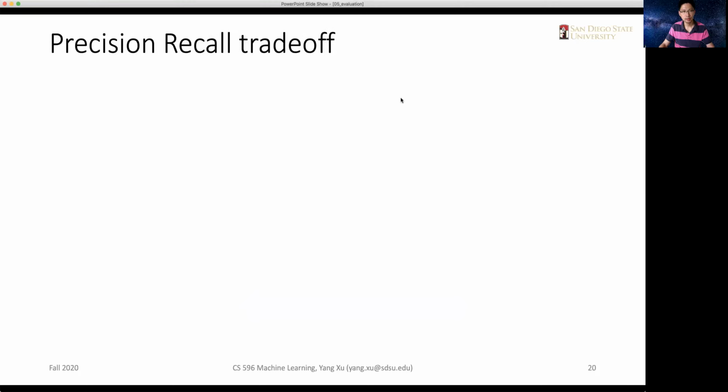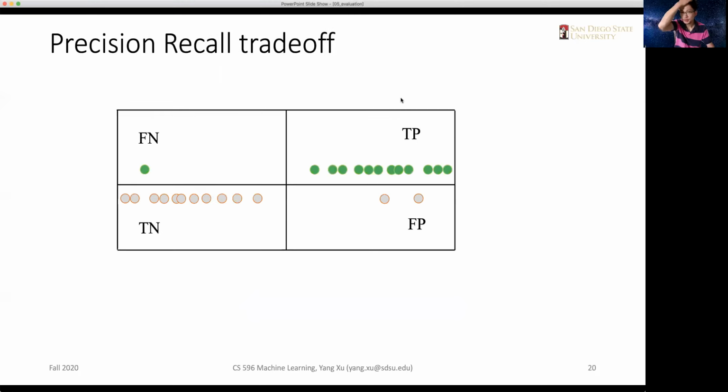Okay, so let's talk a bit about the trade-off between precision and recall. Again, we have mentioned this when we talked about the ROC curve, right? So the false positive rate basically deals with the number of false positives, and the precision is also a quantity that deals with false positives.